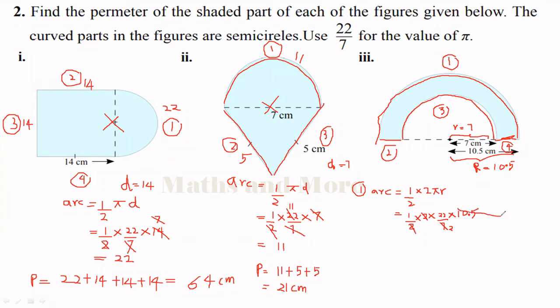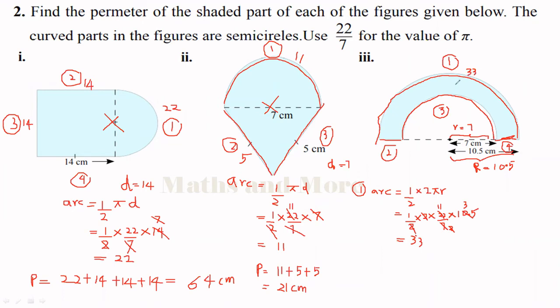For 10.5, there are three 3.5s. Cut this 2 with this 22. Then 11. 11 into 3, 33. So first arc is 33.